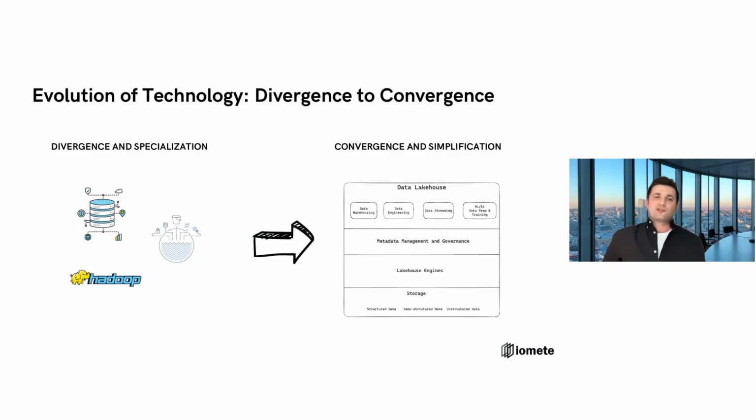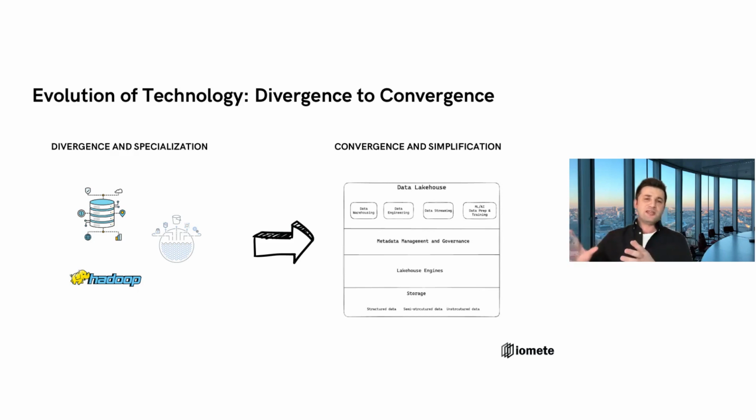I want to talk about a technology trend that happens time and time again, which is that technology evolves, diverges, and then over time reaches some maturity level and then converges and simplifies. When we talk about the history, we will see this.